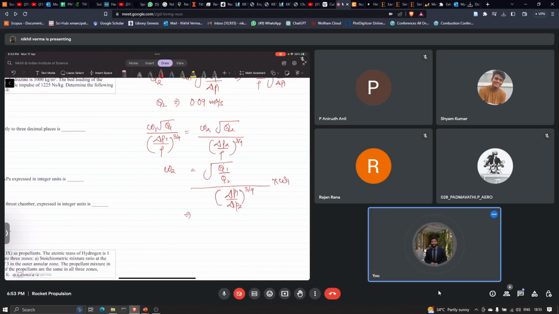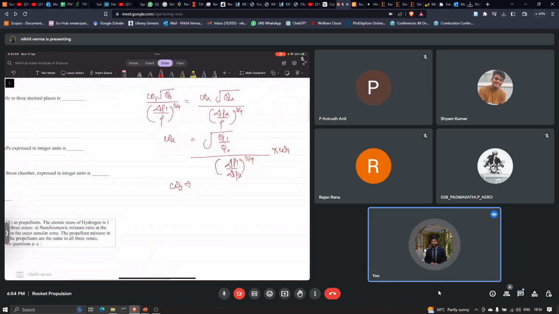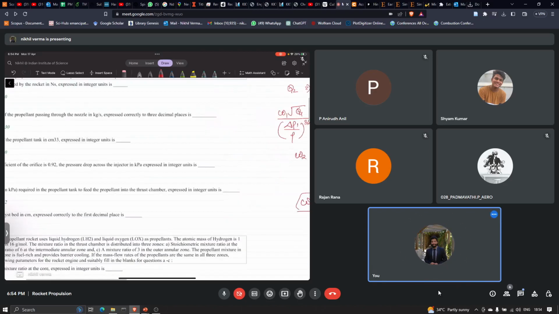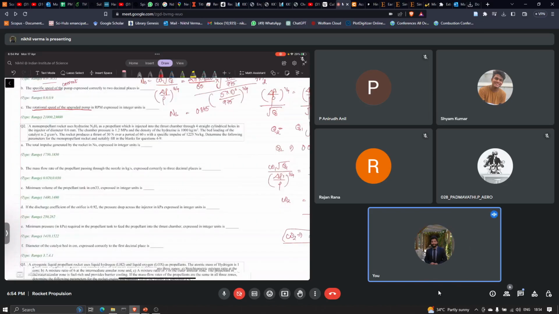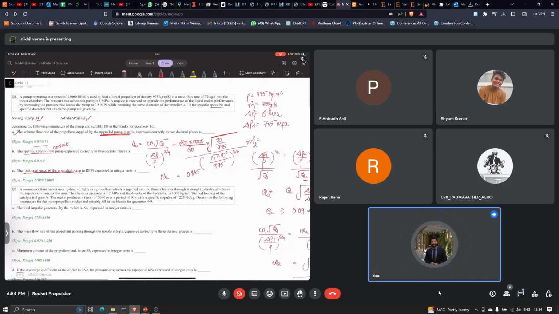When you do this, you will get the value for the upgraded pump as 22,100 rpm. I hope this problem is clear, right?